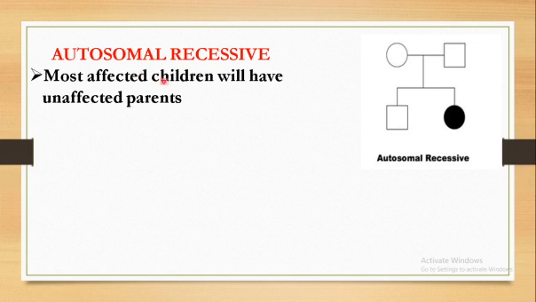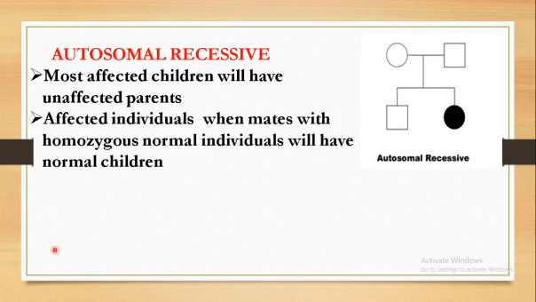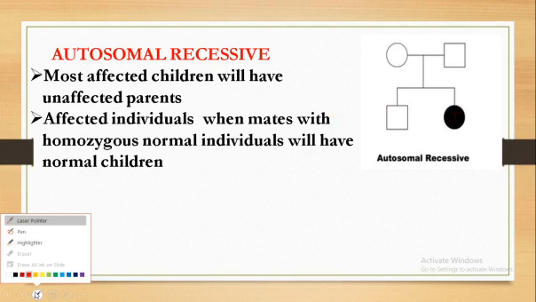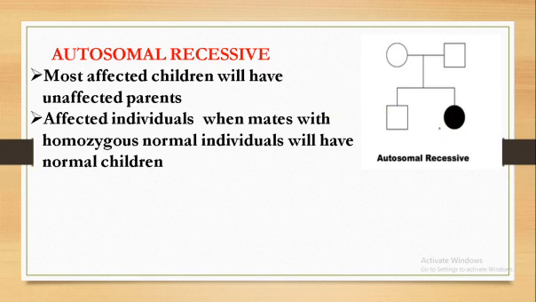In autosomal recessive, most affected children will have unaffected parents, as I already mentioned. An affected individual who mates with a homozygous normal individual will have normal children. Affected individuals are recessive, so the symbols we can represent will be small a, small a, the homozygous condition.